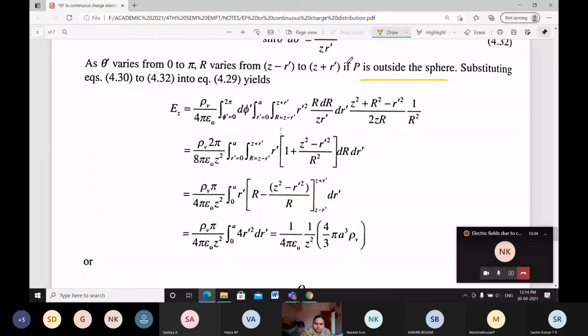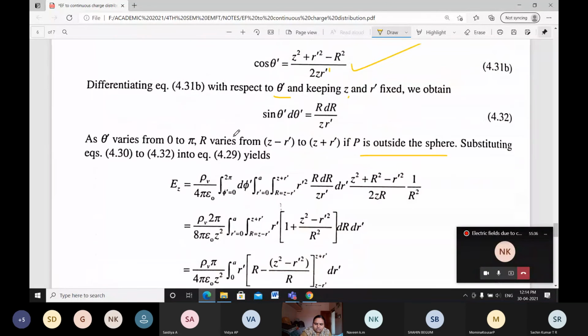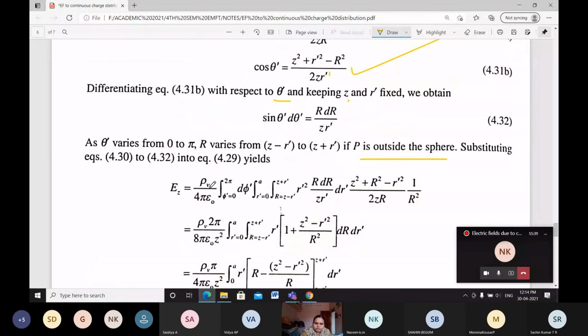Therefore, substituting all the equations here, Ez is going to be rho v divided by 4 pi epsilon naught, phi dash from 0 to 2 pi into d phi dash, r dash from 0 to a, r from z minus r dash to z plus r dash, r dash square r dr divided by z r dash, dr dash, z square plus r square minus r dash square divided by 2 z r into 1 by r square.